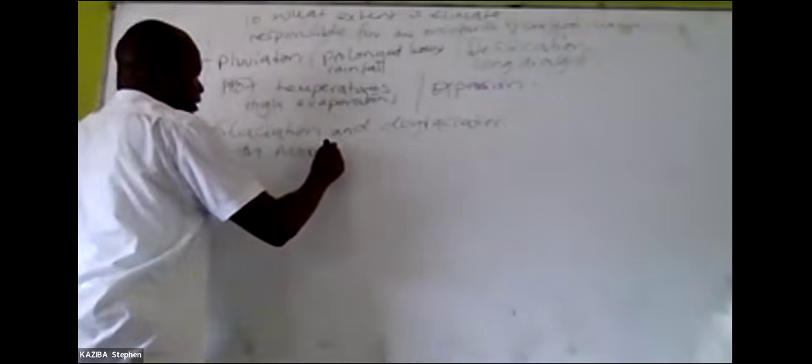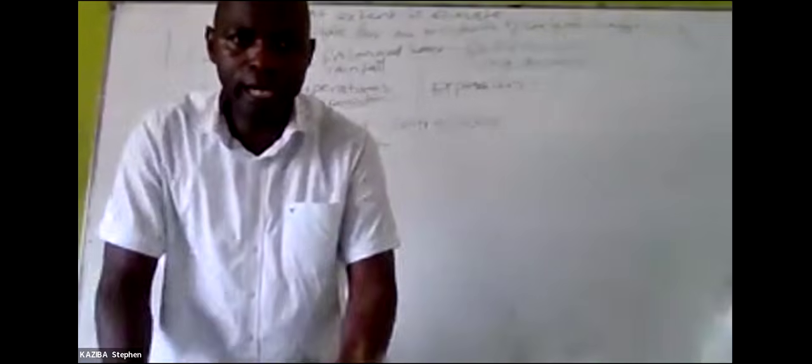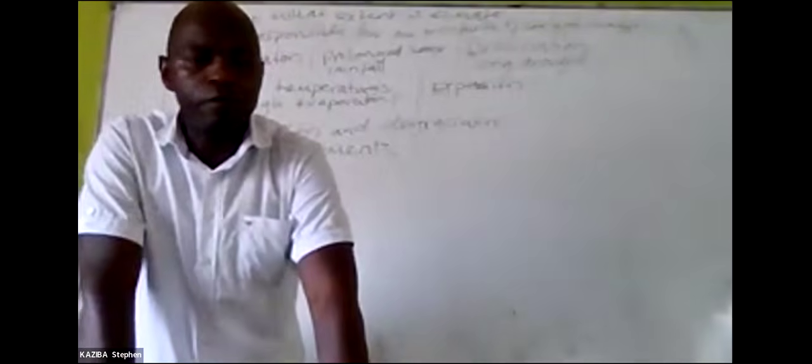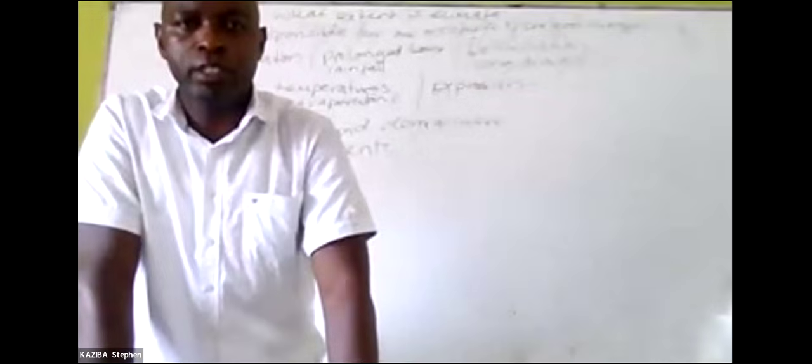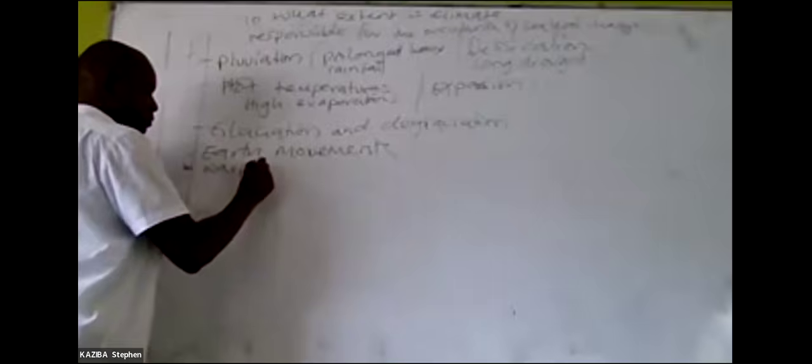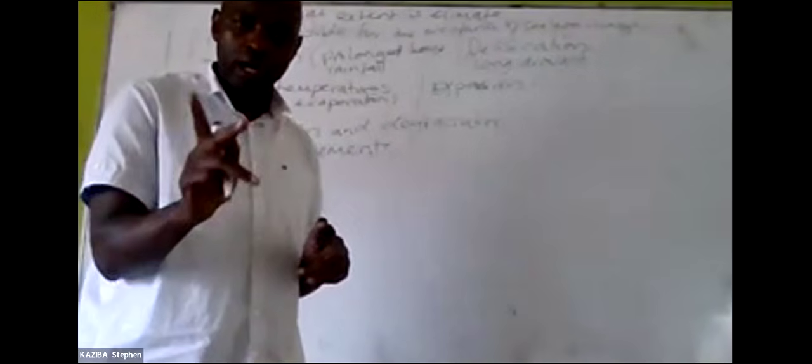Earth movements. They can also ask the question, to what extent are earth movements responsible for the occurrence of sea level changes in East Africa? So under earth movements, you talk about warping. And under warping, you have to give us two answers.